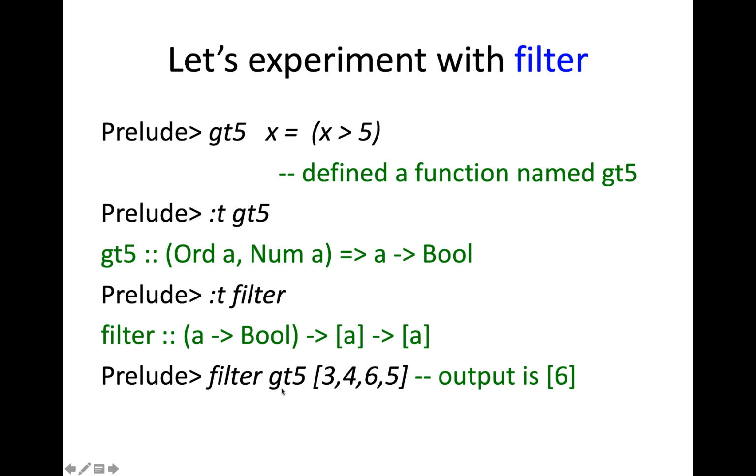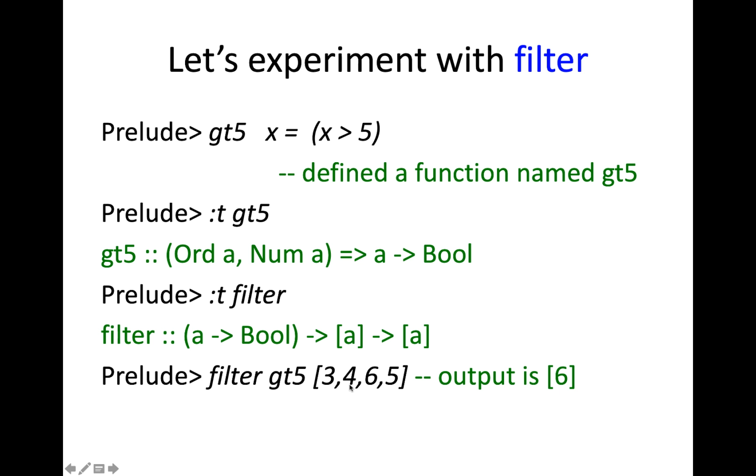As an example of this, here filter will apply gt5 on each of these items. When this function applies on the first item, we get false, because 3 is not greater than 5.